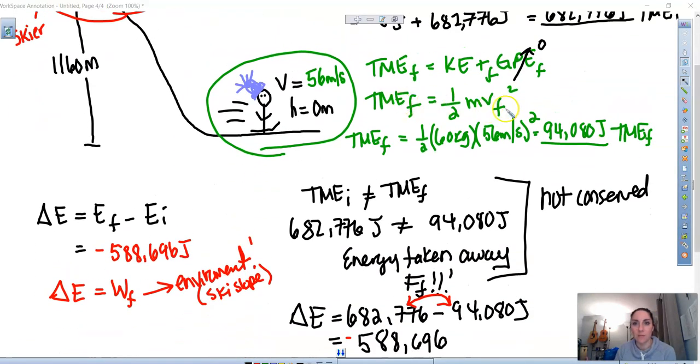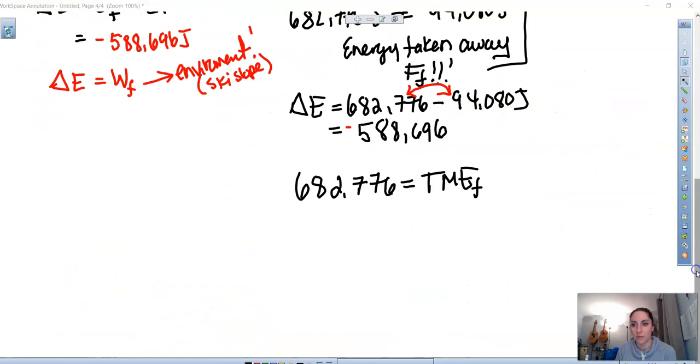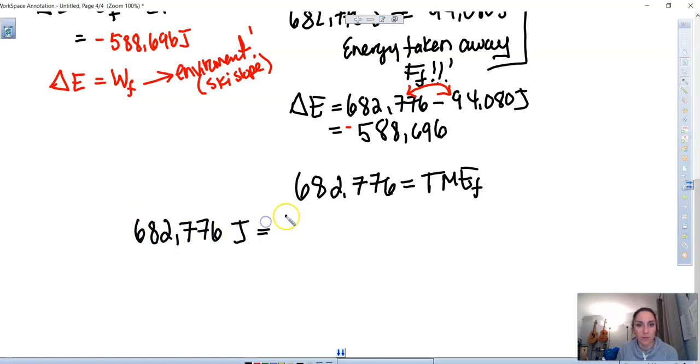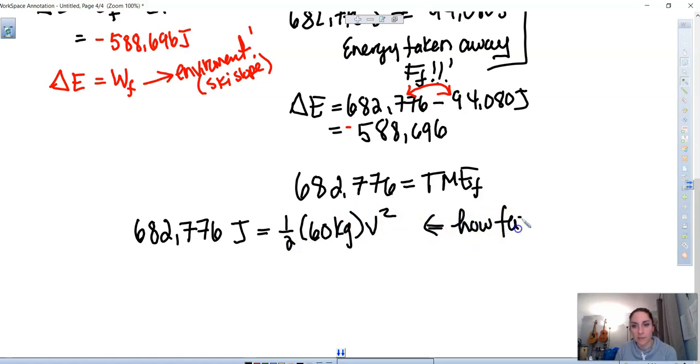The final is equal to the kinetic energy because I'm moving at the bottom. So 682,776 joules is equal to 1/2 times 60 times v squared. This is asking the question, how fast without friction would I go?